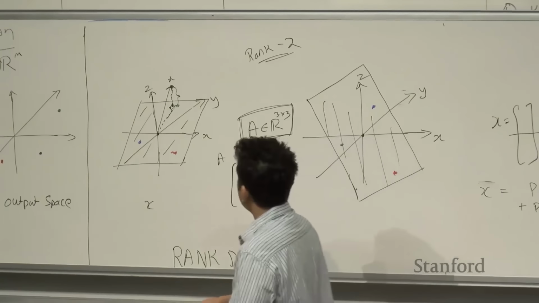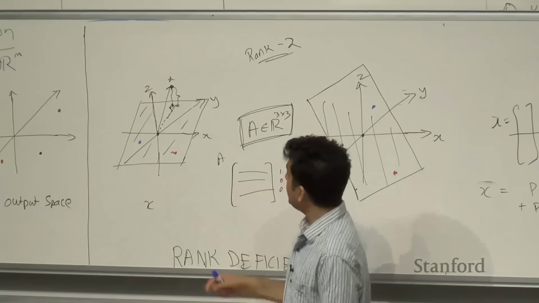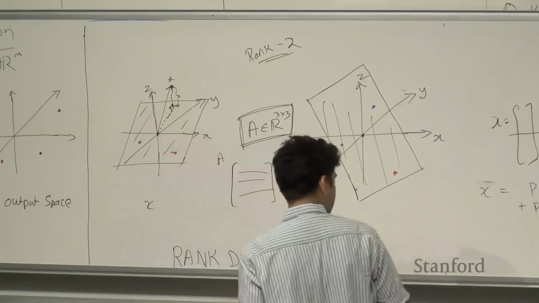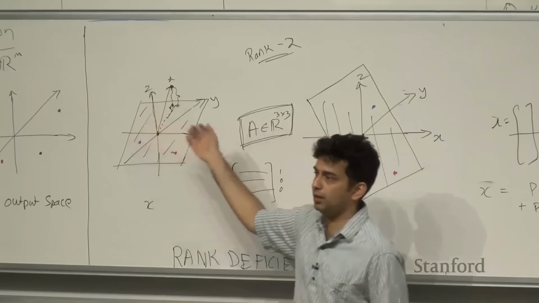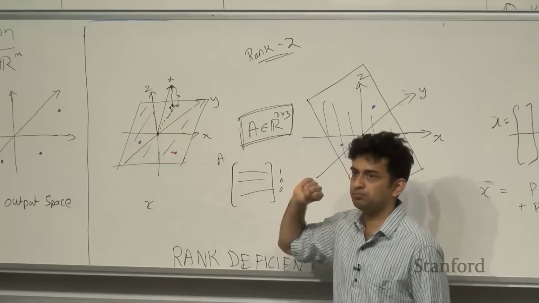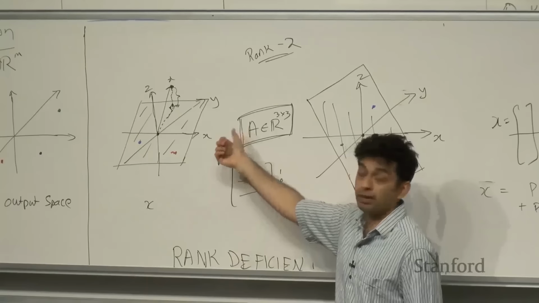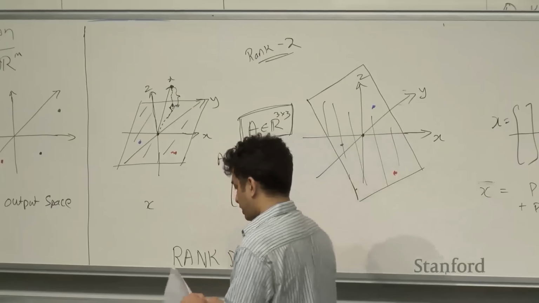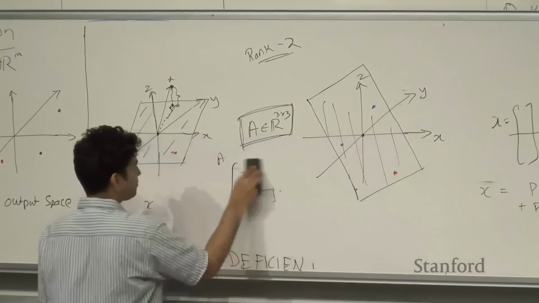So that's the row space. Now, back to the question of what happens if we take some x that does not exist in the row space, and you multiply it by A. What happens? This is where the decomposition helps us find an answer.